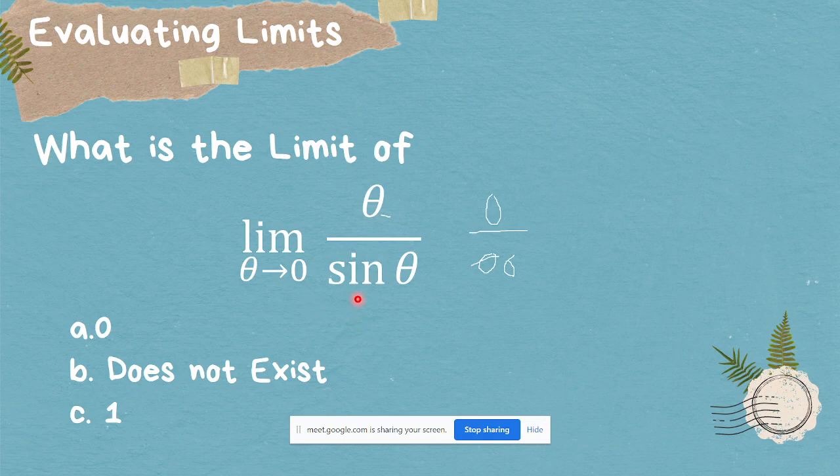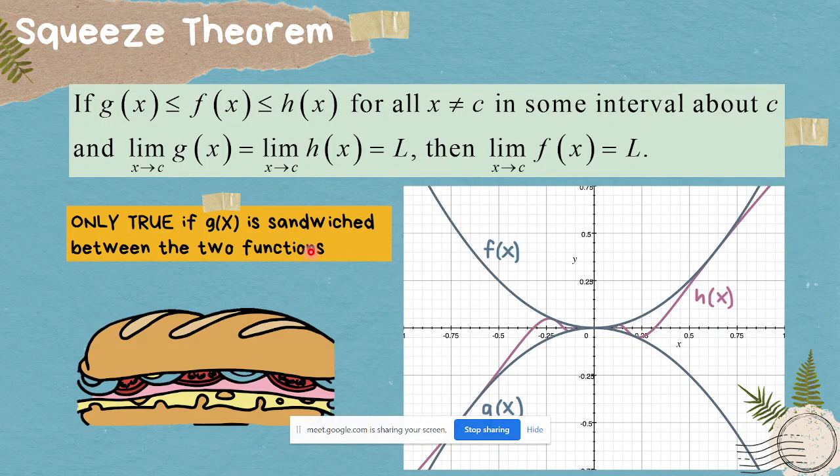So how are we going to get the limit of that one? Write this in your notebook and write your answer, and later we are going to find the limit of this one using what we call the squeeze theorem.